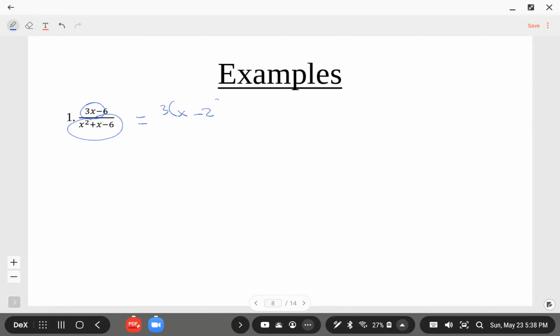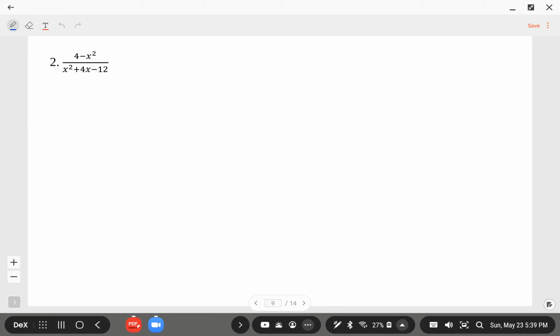Factor x minus 2 over x minus 2 times x plus 3, and you cancel out. Common sense. Okay, 3 over x plus 3, and then you can't simplify this anymore because this is the whole factor. You can't just divide by 3 and be good. Example number 2.